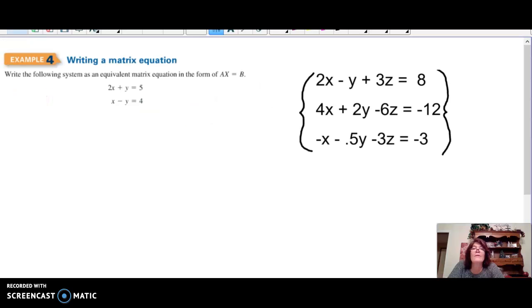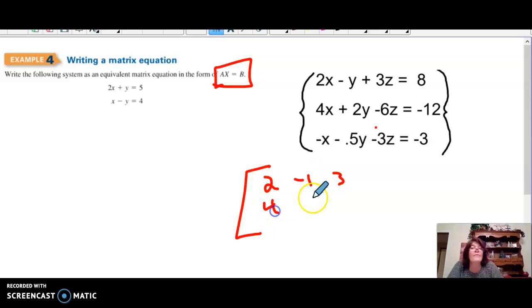Let's do a harder one. Let's just go right to here. What I would do, if I'm going to do the new way, is write it as a matrix equation. The matrix equation would be 2, negative 1, 3, 4, 2, negative 6, negative 1, 1/2, negative 3.